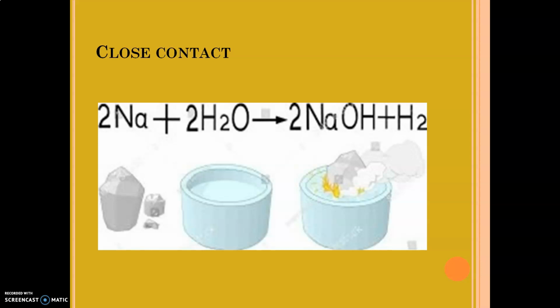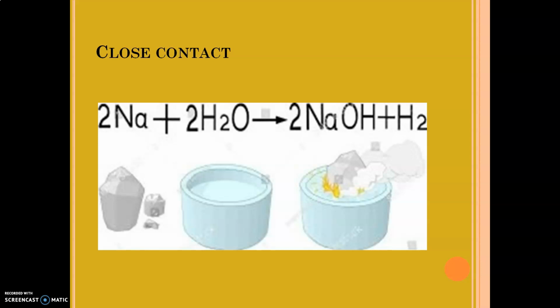Until and unless salt is kept aside and a food mixture is kept one side, even if salt is just beside the food stuff, it cannot be termed as salty. The food stuff cannot be termed as salty until you make them mix together, you make them come to close contact. That's why it is said that it is very important for two reactants to come in close contact to form a desired product.